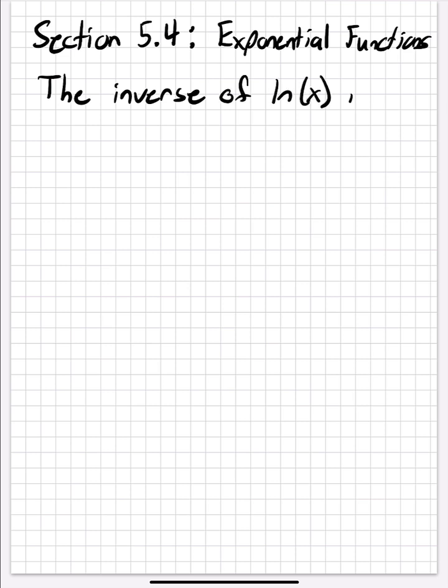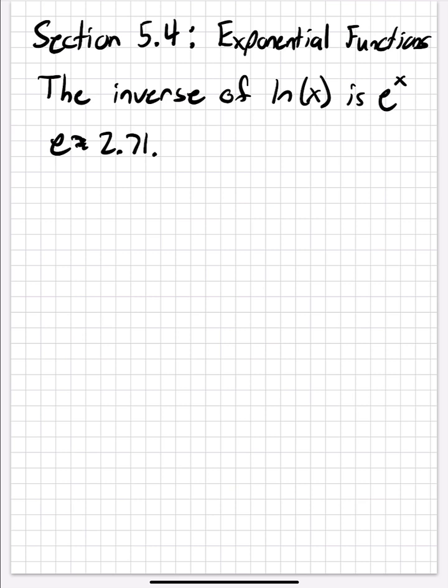When I say exponentials, I mean e to the x, where e is Euler's number, 2.71828 something something something. So it's similar to pi in the way that it works. The inverse of the natural log function is e to the x.